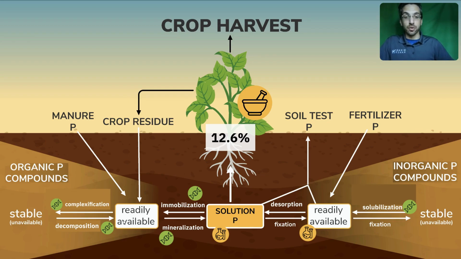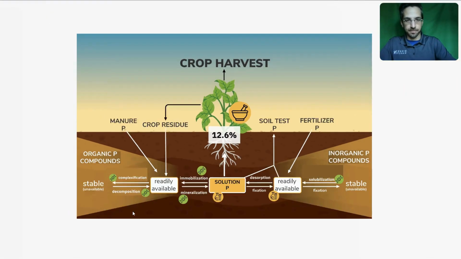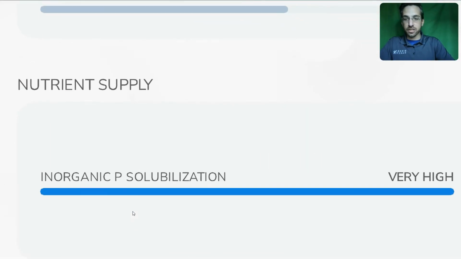Microorganisms are responsible for re-releasing, supplying phosphorus across the season, whether by solubilizing unavailable inorganic phosphorus that's bound to the sand, silts, and clays, that's complexed with irons and calciums and so on, or mineralizing unavailable organic phosphorus. So this first metric here, inorganic phosphorus solubilization, is a blend of both mineralizers and solubilizers.